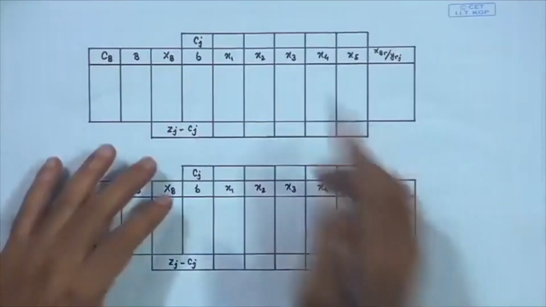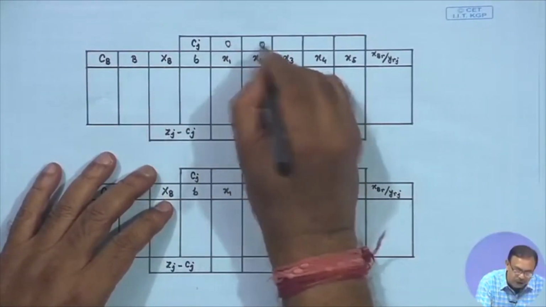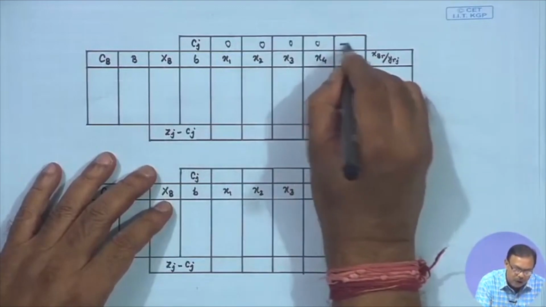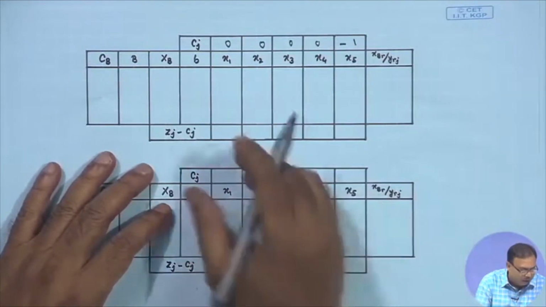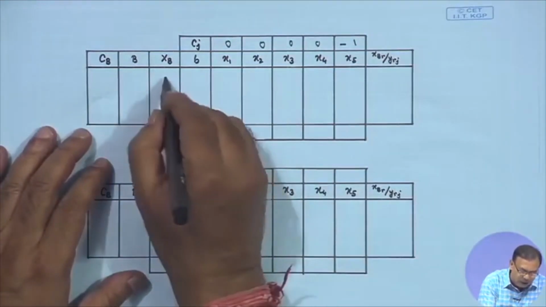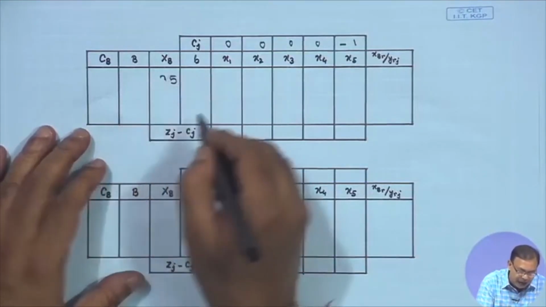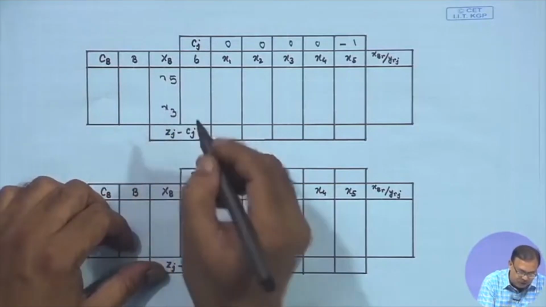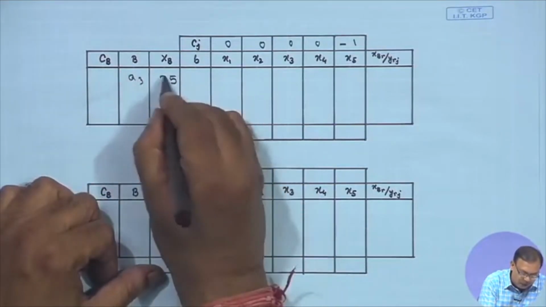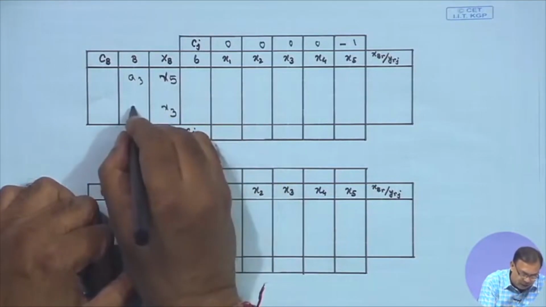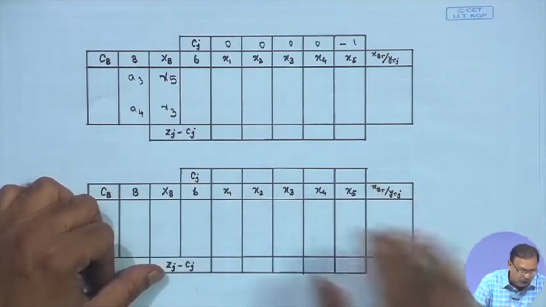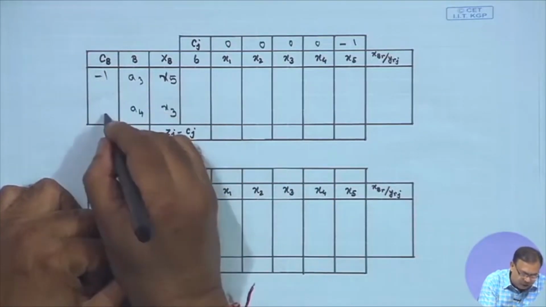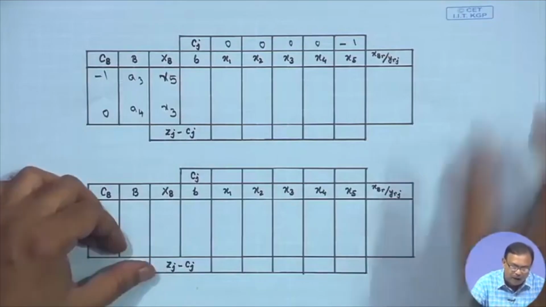So, the next table whatever you will obtain is this one, 0 0 0 0 minus 1, and here it will come as x5 and your entering vector is x3. So, x4 will be replaced by this, so that it is a3 and a4. Your CB values will be minus 1, 0. So, I am directly writing this.